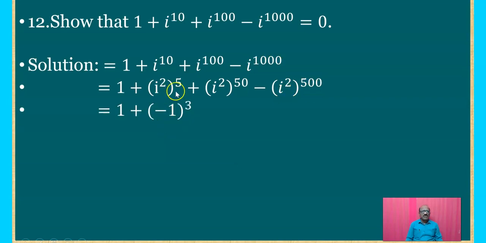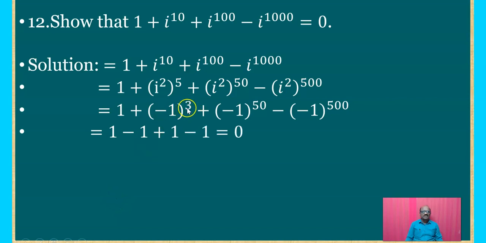i square means what? Minus 1 raised to, sorry, by mistake I have taken a 3 here, but there is a 5. Okay. (i square) to the power 50. Next, i square means minus 1 raised to 500. Overall we will get the value as minus 1, but here it must be 5. Okay, minus 1 raised to 5 means what, again minus 1.